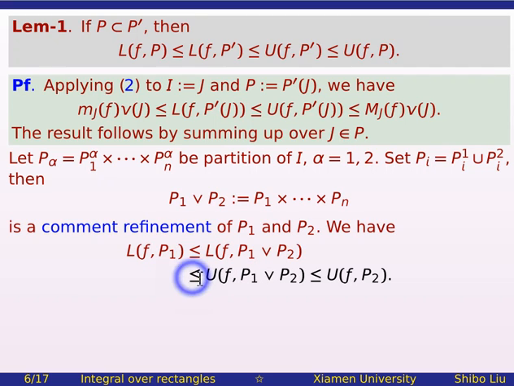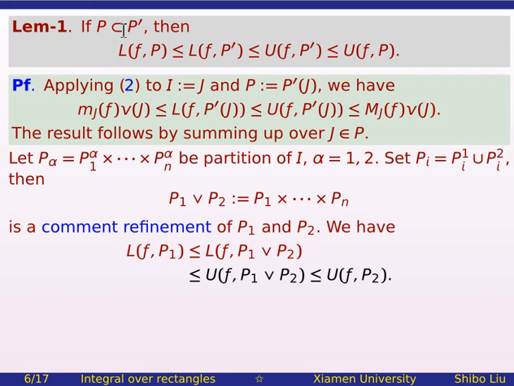Therefore, we have this inequality. Then for the upper sum, refining a partition will decrease the upper sum. Therefore, this inequality is also true. So this is an improvement of our previous lemma.